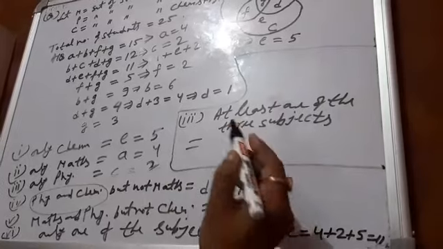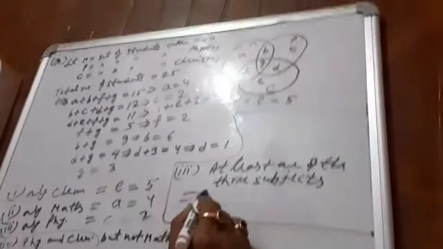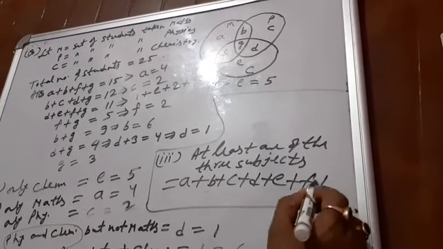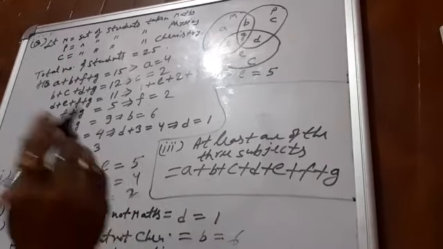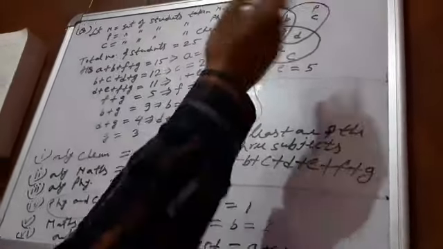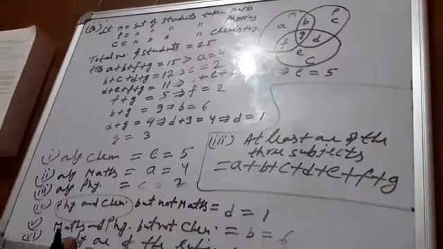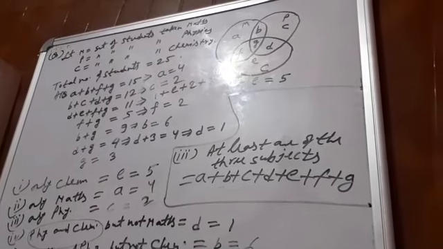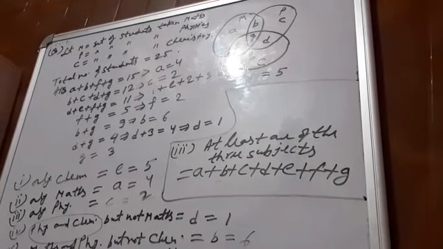Okay, means union, and union means all the terms, that is A plus B plus C plus D plus E plus F plus G. Now put these values and find out by yourself. Understood the concept? By this way you are going to solve the problem if three sets are given. Okay, understood the things? Thank you very much.